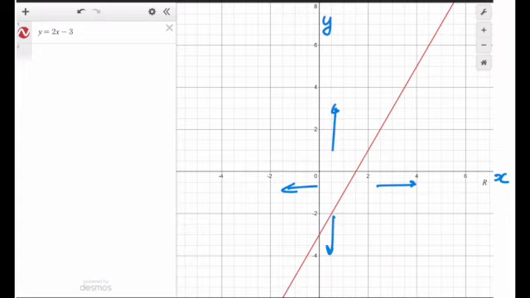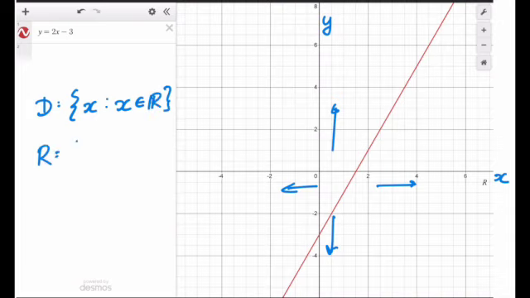Again, the red line indicates that we have that extension for the graph in both directions, positive and negative for x and y. So we express the domain as the x values such that x is an element of the reals. And likewise, the range is equal to all the y numbers such that the y numbers are also an element of the reals.